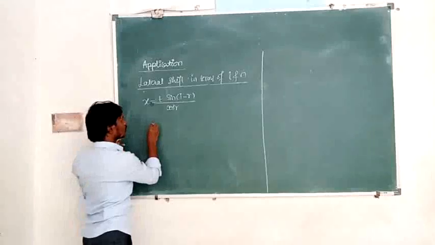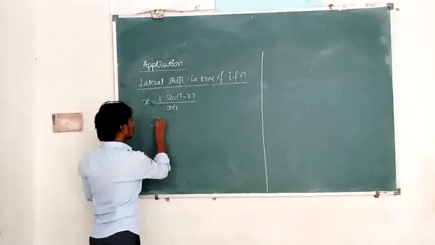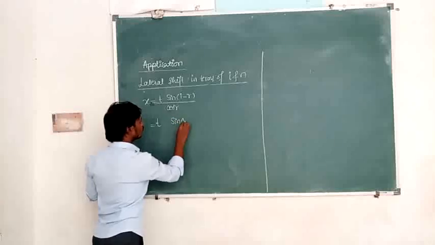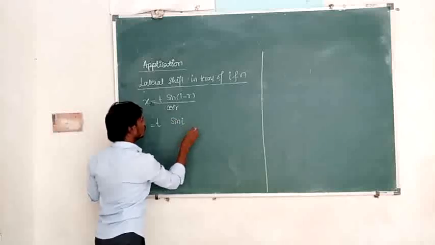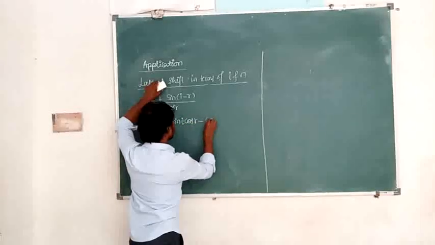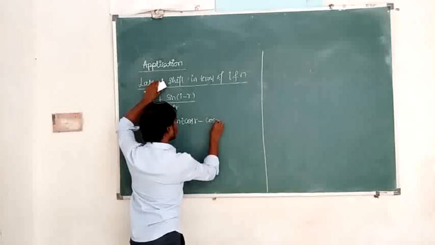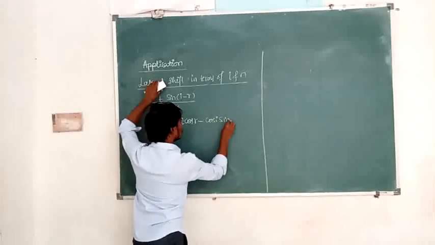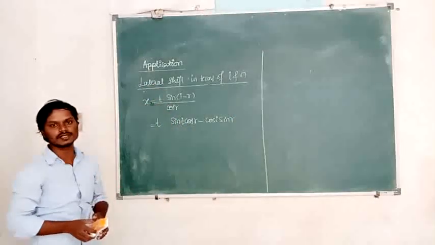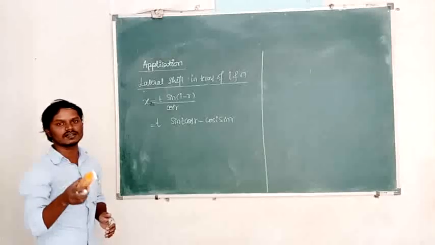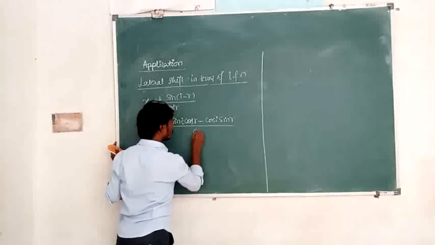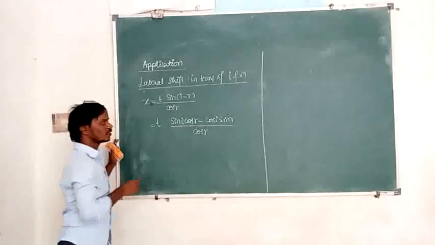Now, in the sin(A minus B) form, t is outside. Using the sin(A minus B) formula, sin A into cos B minus cos A into sin B, we get sin i into cos r minus cos i into sin r, divided by cos r.